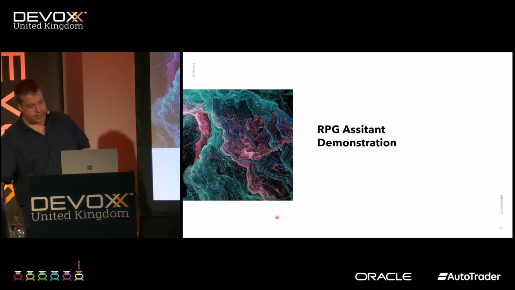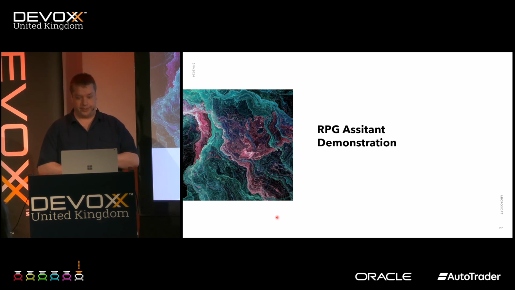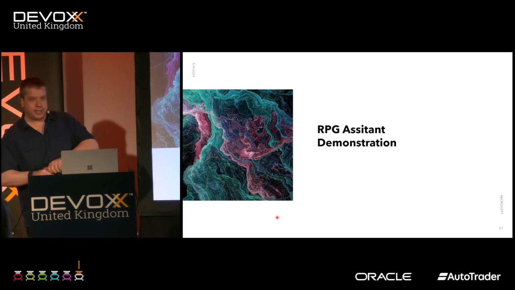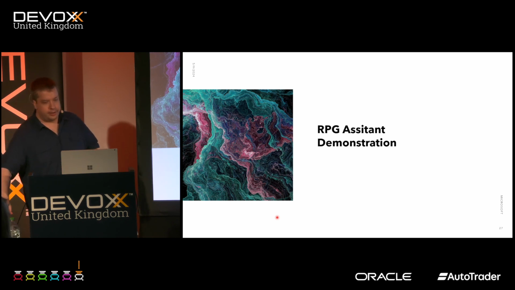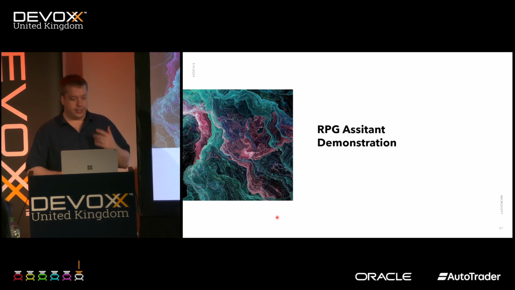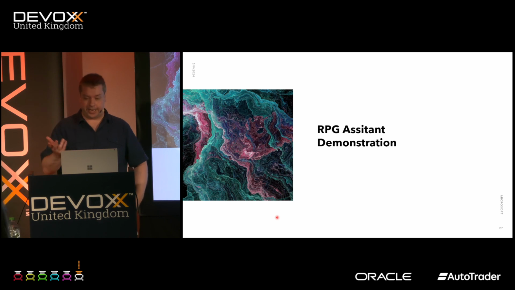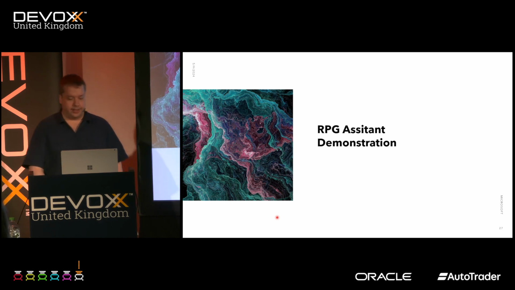So finally, on to doing a bit of demonstration of this in action. Because I play some role-playing games, I created a demo that utilizes the various functions of AI in order to manage a campaign that someone's running.